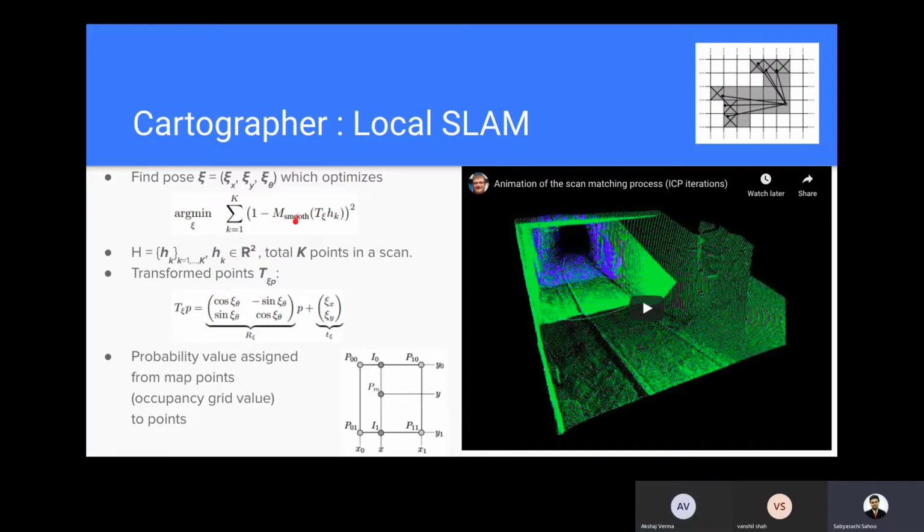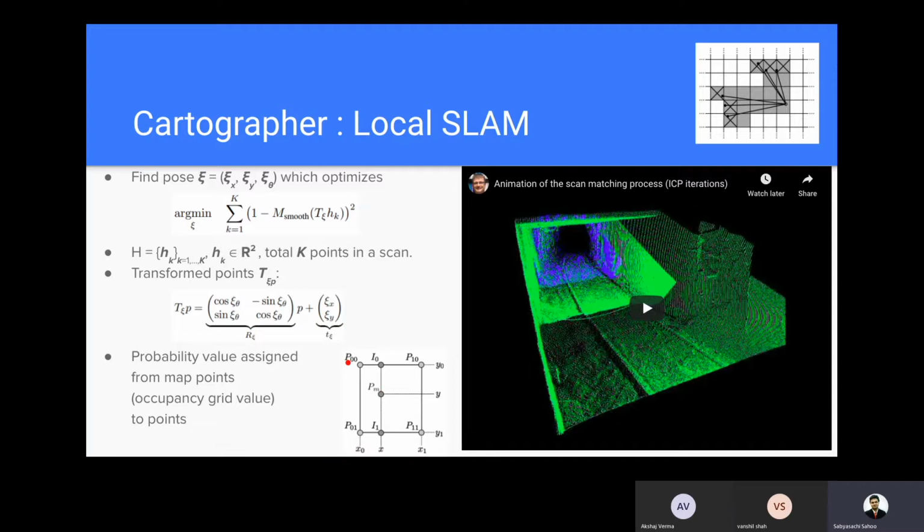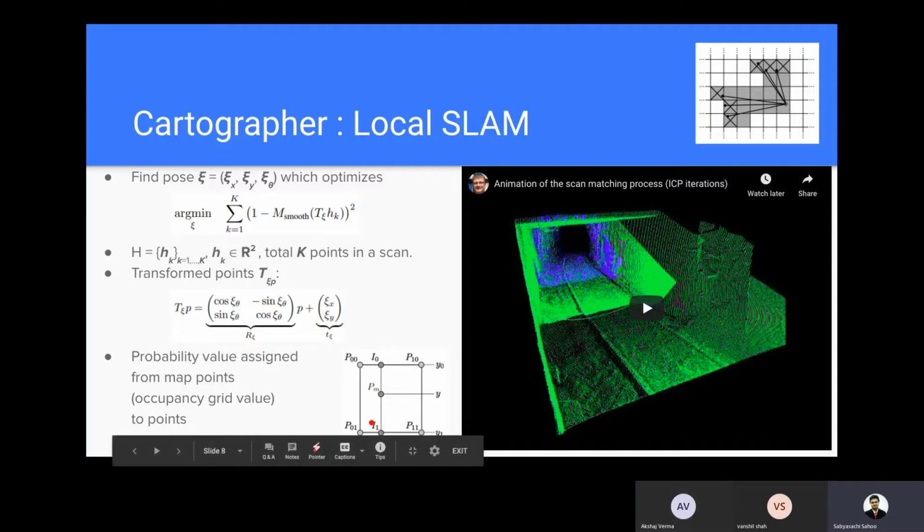This loss in itself will converge to a good optimum, but since Hector SLAM does not care about correspondence, maybe PM was supposed to go with P10, but it ends up going with P00.